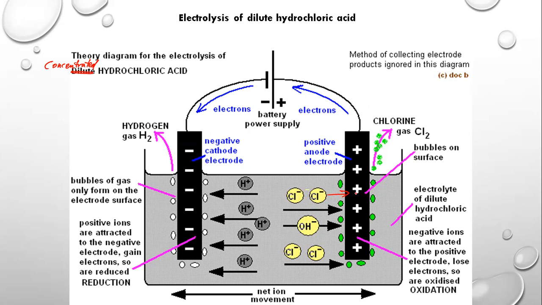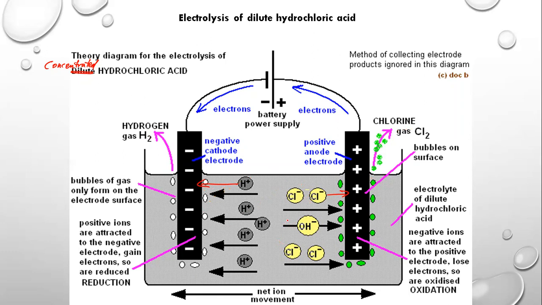It gives up its electron, and that electron travels through the circuit and is accepted by the cation, which is hydrogen. In both cases, a gas is formed. Chlorine gas is formed at the anode. That is the gas that is bubbling off at the anode there. And hydrogen gas is formed at the cathode. That's the gas bubbling off there at your cathode.